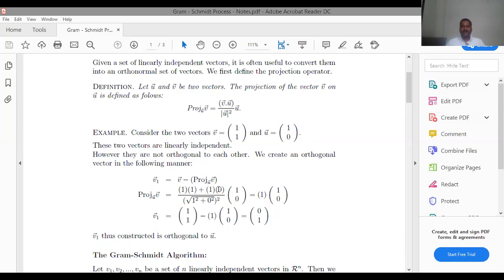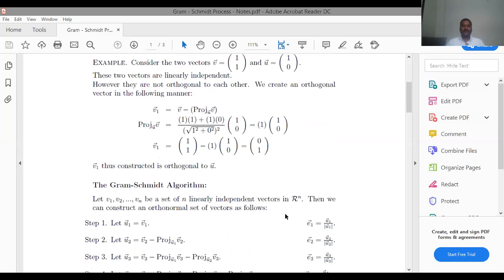And here is the dot product. So here is that scalar. We see that the scalar is 1. So you are going to get (0, 1).